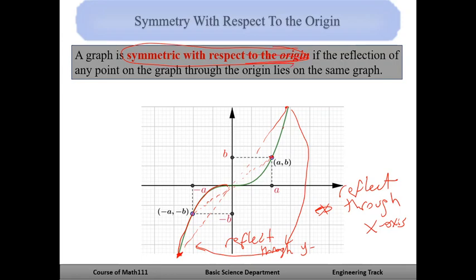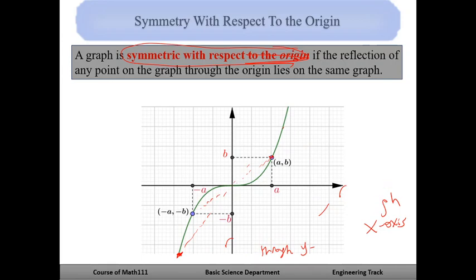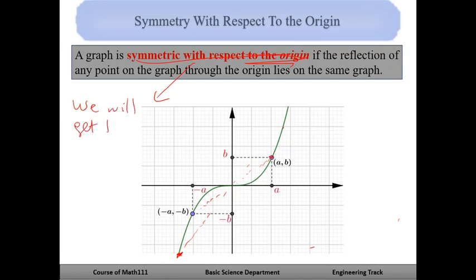So we say it's reflect, you'll get this one. Then reflect, you will get this one. So if it's symmetric with respect to the origin, we will get the same graph.